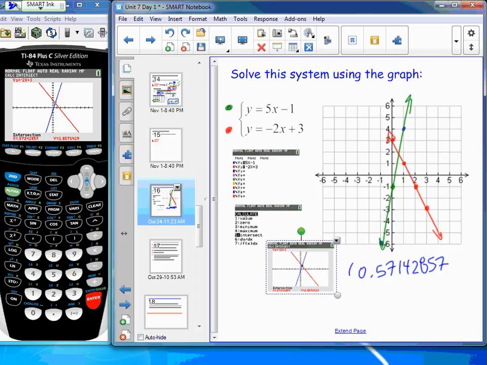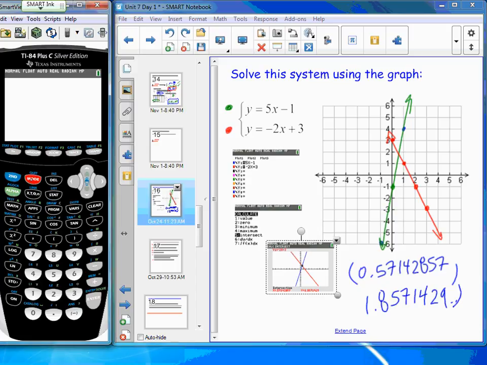0.57142857. That looks like it's going to repeat, doesn't it? And what about 1.8571429? I wonder if that is rational. Let's see.